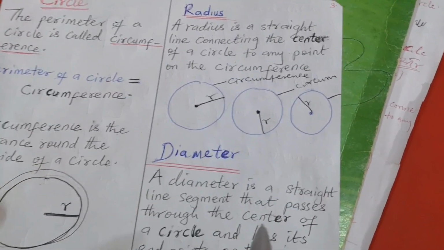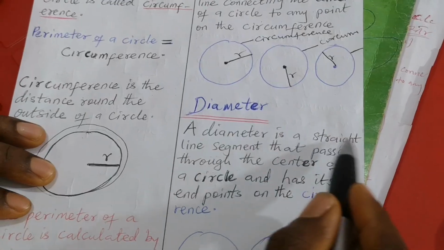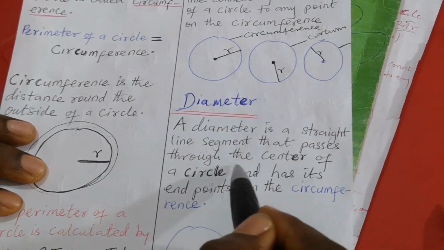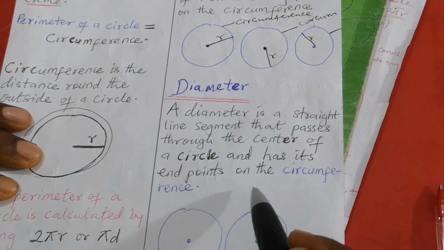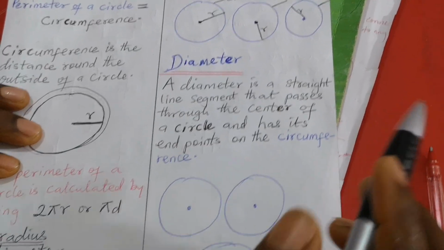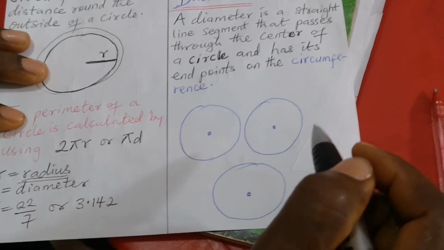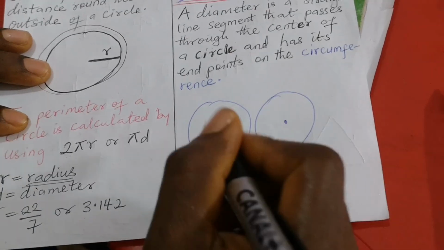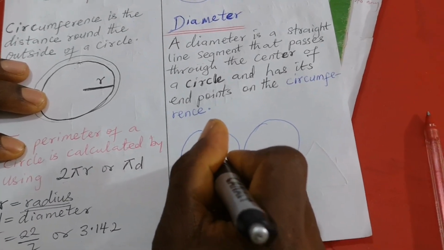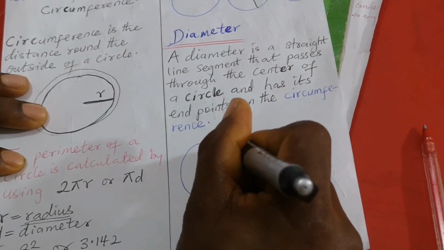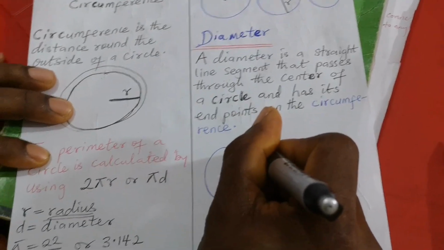Now let's go to diameter. A diameter is a straight line segment that passes through the center of a circle and has its end points on the circumference. A diameter must start from the circumference, pass through the center, and also end at the circumference, and it must be a straight line.